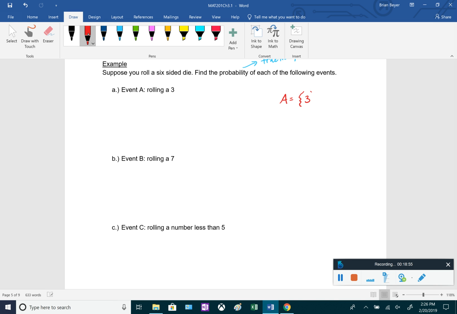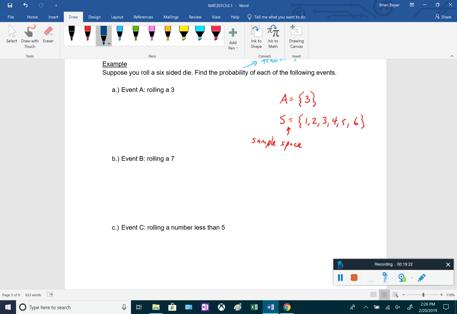The only way we can roll a 3 is if we roll a 3, so I'm just going to put 3 in the braces. S represents the sample space. And remember, sample space represents the total number of possible outcomes. With a 6-sided die, the total possible outcomes are rolling a 1, 2, 3, 4, 5, or a 6.